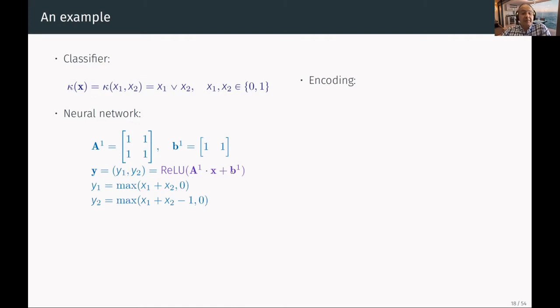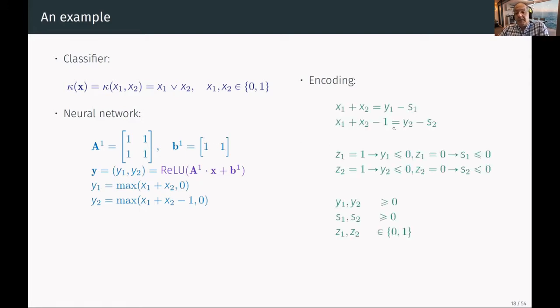And how do I compute this? Notice that since I have 1, 1, given x1 and x2, it's going to be x1 plus x2. And the second one is x1 plus x2, and of course here it should be 0 and minus 1, I'm sorry. So it should be 0 and minus 1.